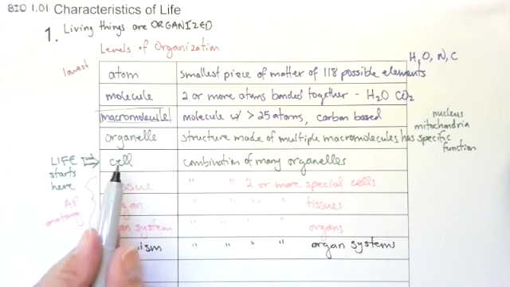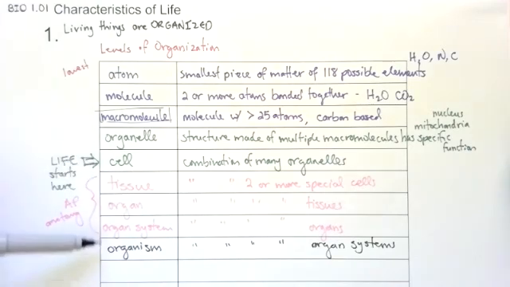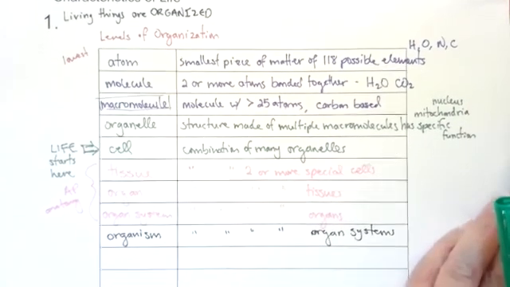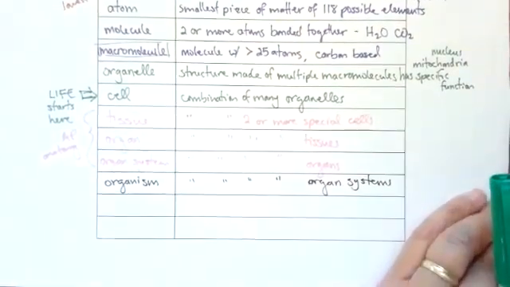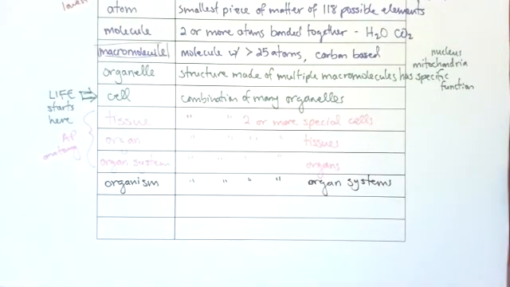We still refer to a single-celled living thing as an organism. So sometimes an organism doesn't have all of these things. Well, let's go back into green because now we're talking about biology again. When we look at how organisms interact with their environment, we're back in biology.